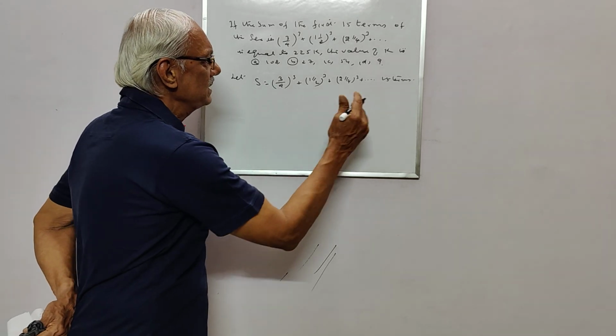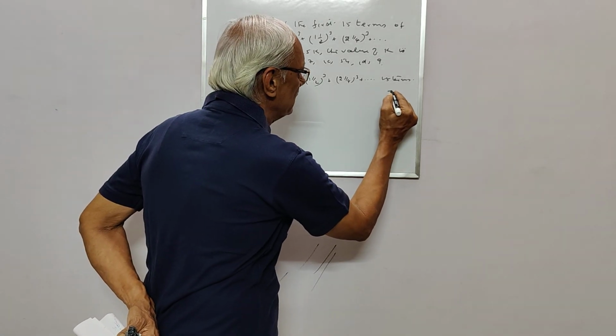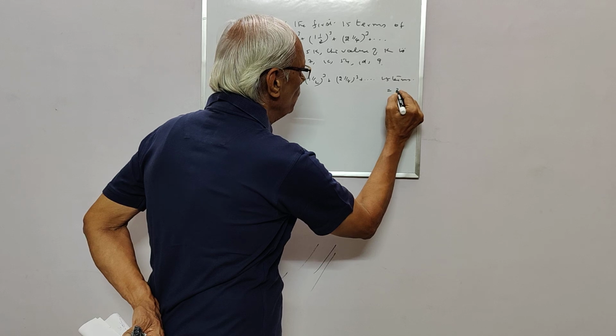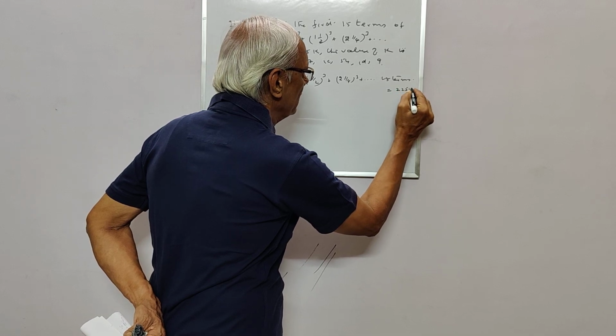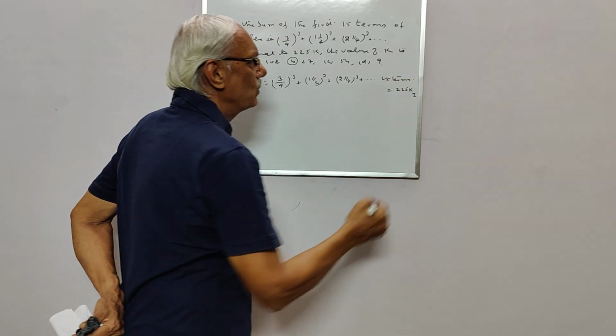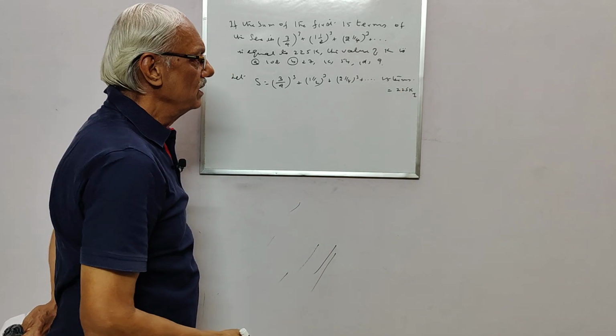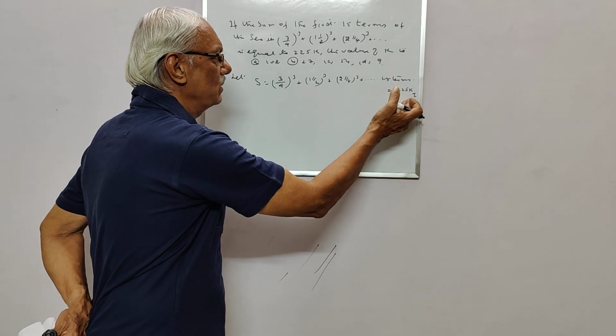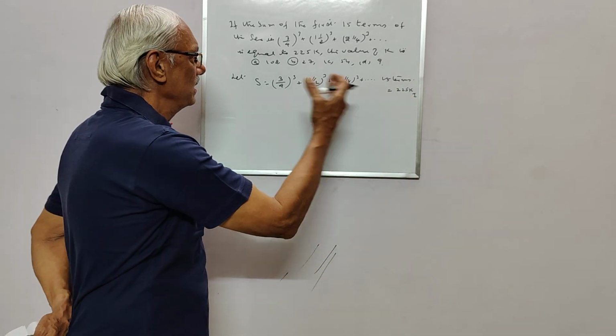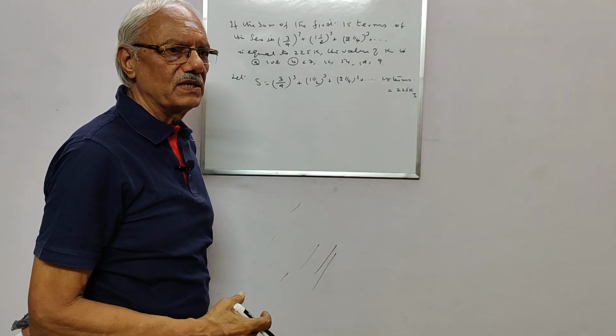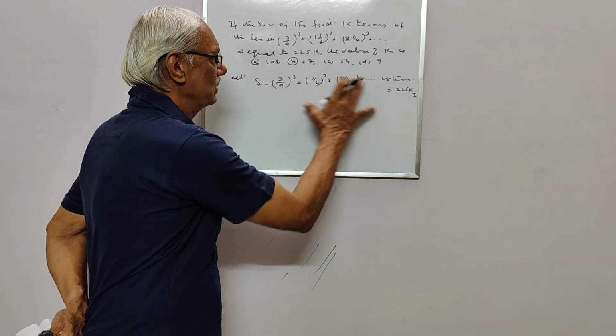Now this is given to be 225k. Now I have to find the value of k here, which will make the right hand side, 225 into k, equal to the left hand side value of the particular series.